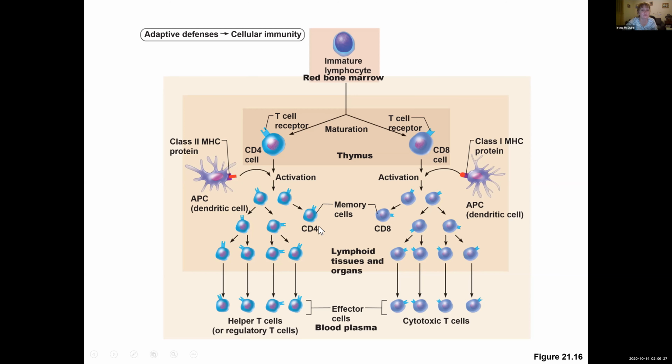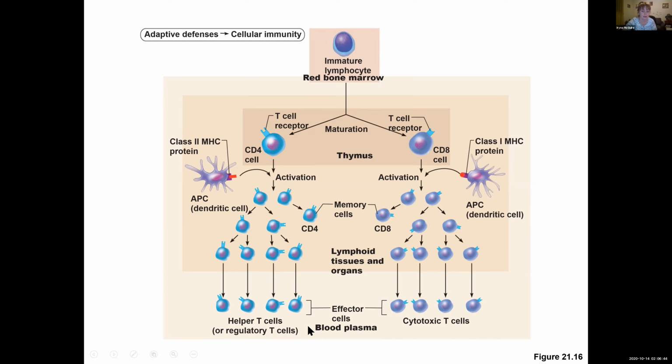And of course, some of them will be memory cells that will circulate in your blood and your lymph, waiting for a new exposure to the same pathogen. That's why this is our specific immunity. It has memory.